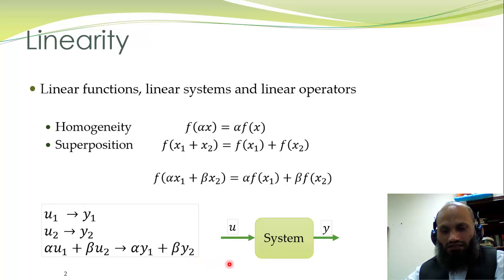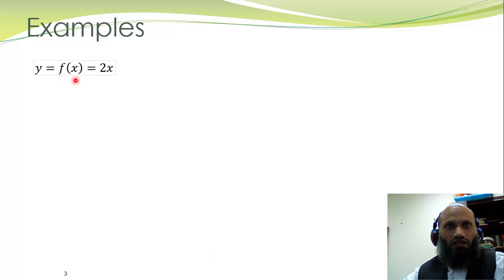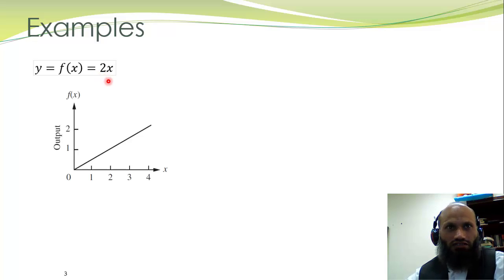So let's explain these concepts with the help of some examples. We have a function y is equal to f of x, which is equal to 2 times x. So this function is graphically depicted over here. On this horizontal axis we have x, and on the vertical axis the function f of x.